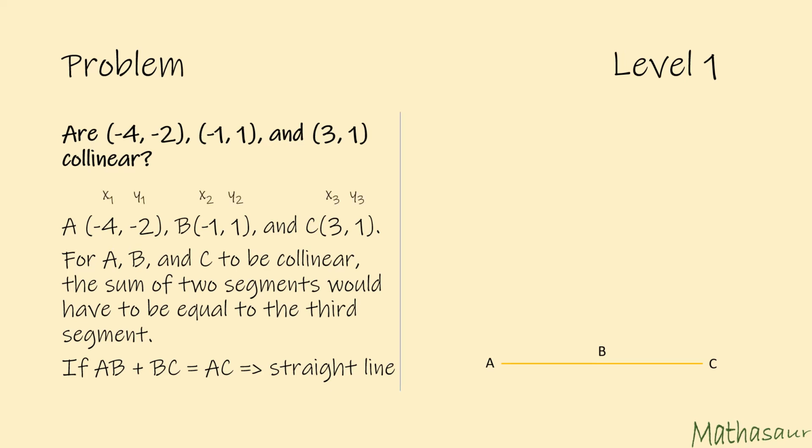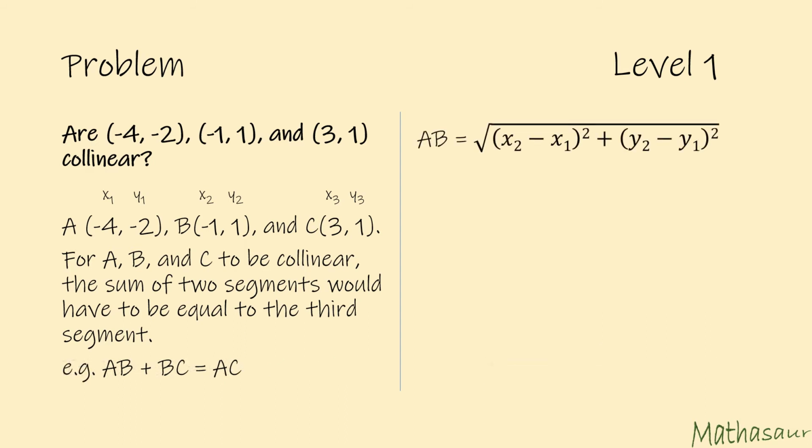Now let us extend the same logic onto these 3 points to be collinear. Let us call the coordinates of point A as x1, y1, the coordinates of point B as x2, y2, and coordinates of point C as x3, y3. And let us apply the distance formula for segment AB. Let us substitute the values.